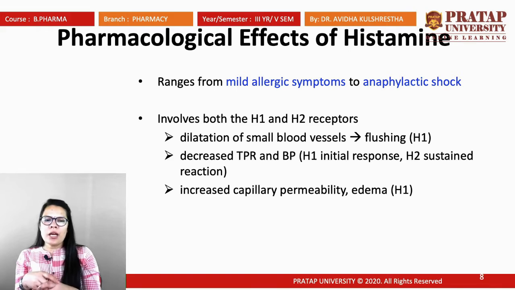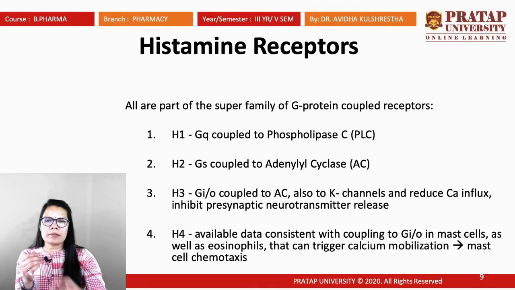So basically H1 and H2 receptors are the responsible factors. Mild allergic symptoms to severe allergy come from these H1 and H2 receptors. That is the basic role of H1 and H2 receptors.